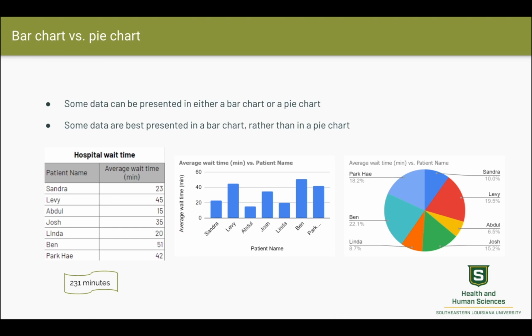But what does 10% of 231 minutes really mean? It doesn't really mean anything. So in this case, a pie chart is not a very good graphical data presentation. With things like this, you want to stick with a bar chart.